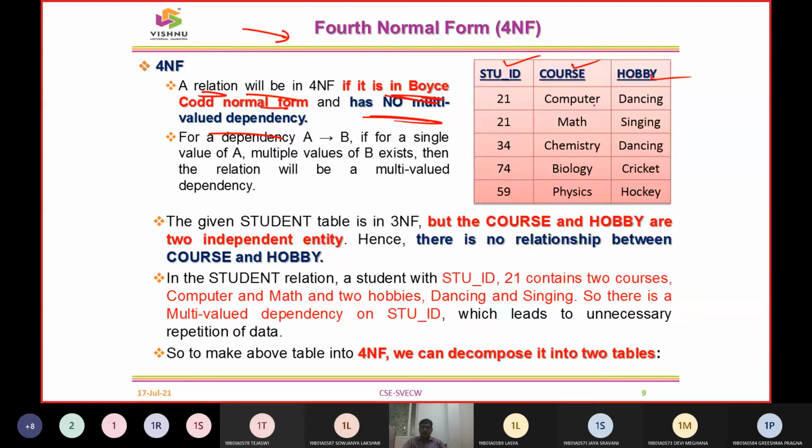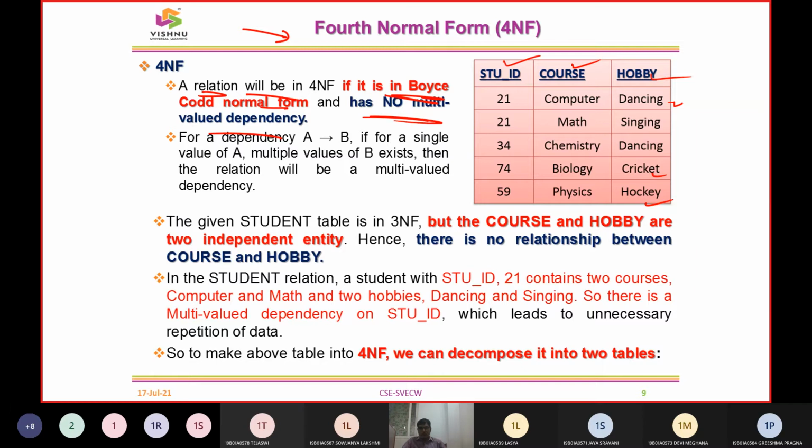Courses were computers, mathematics, chemistry, biology, and physics. Their hobbies were dancing, singing, cricket, and hockey.